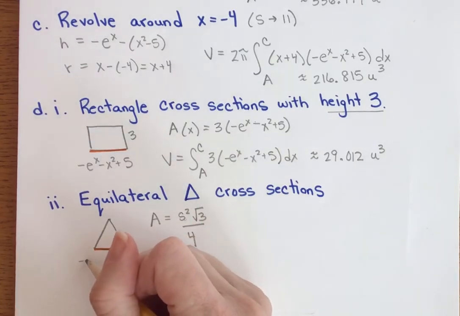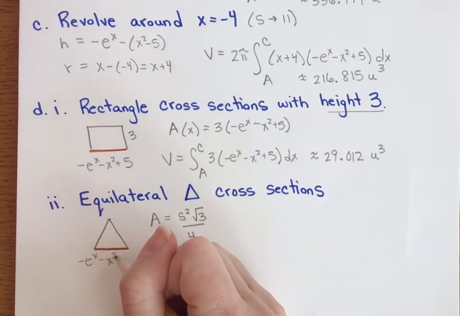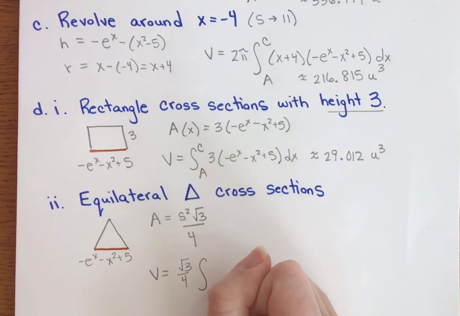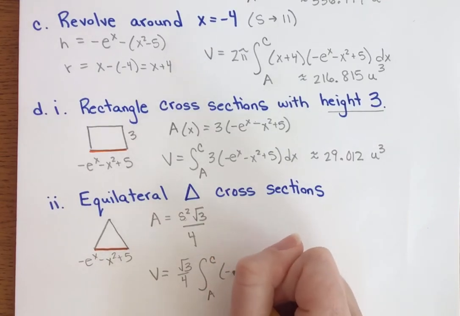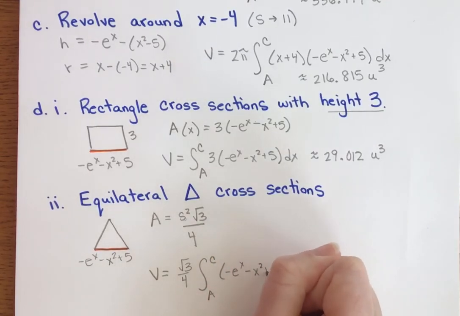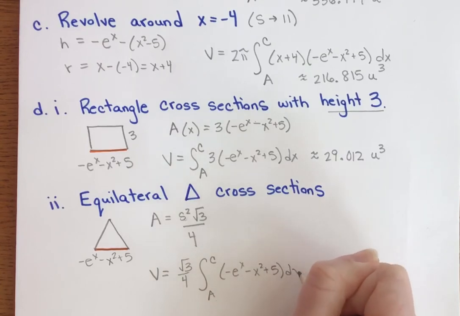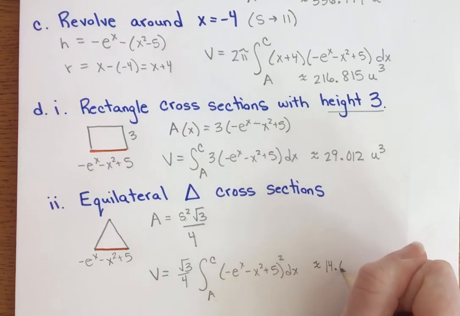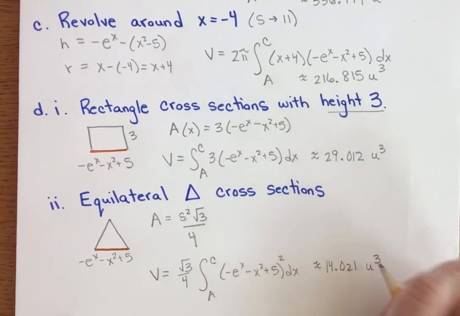So my critical slice goes on the base. I have root 3 over 4 accumulating from A to C. I take my critical slice and I square it, and I get a volume of 14.021 units cubed.